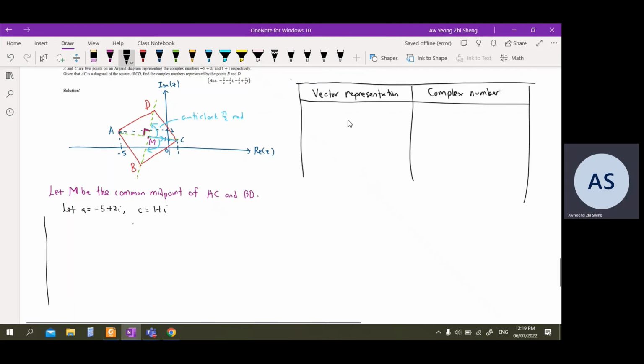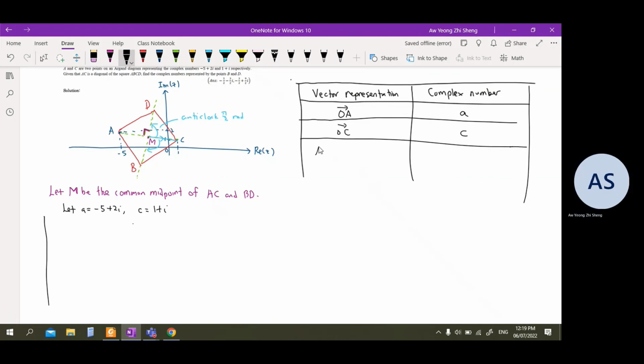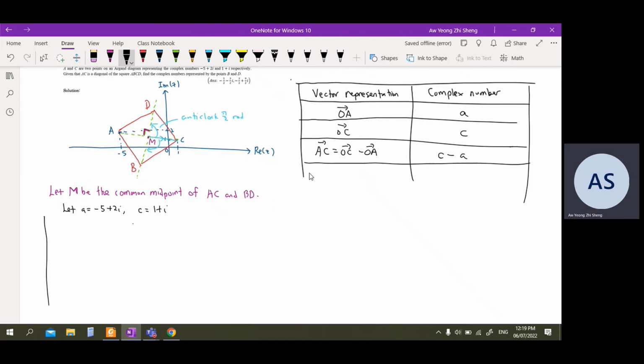Right. We'll start with the given information. OA complex number is a, OC complex number is c. Then I can easily form the vector AC by taking OC minus OA. So the complex number is just the corresponding c minus a. Okay. Then I would need AM or MC.